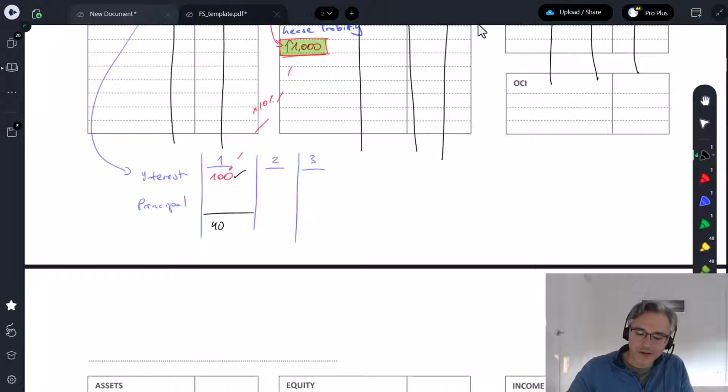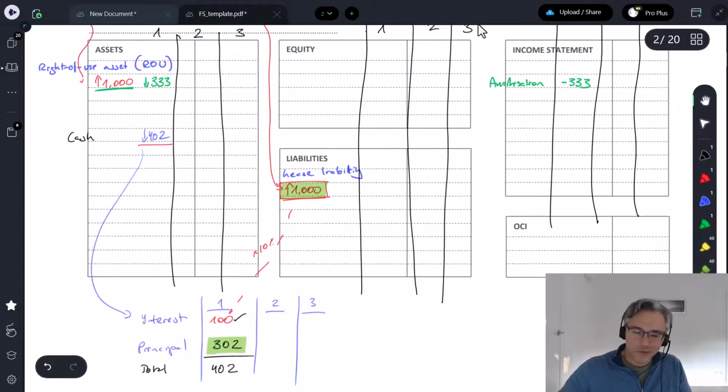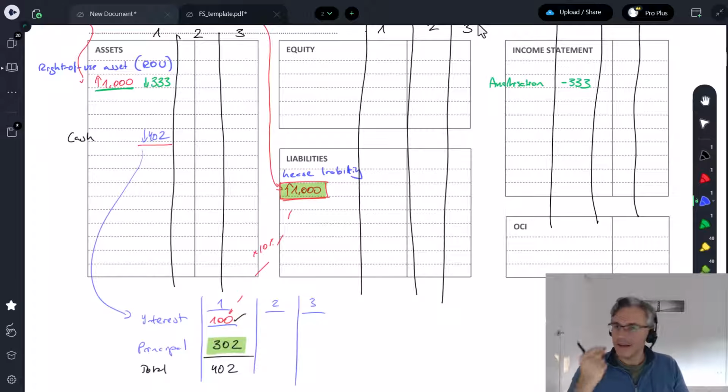If the entire payment is 402, that only leaves room of 302 for the principal portion. And what happens next is the following. Whatever is deemed to be interest goes to the income statement as an interest expense component. So that's the 100 I've got over here.